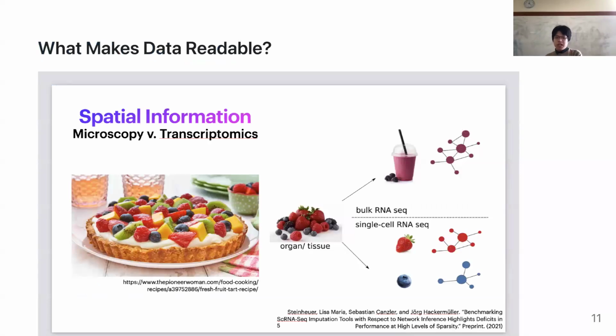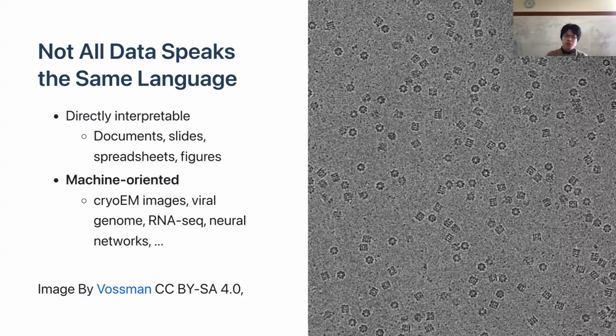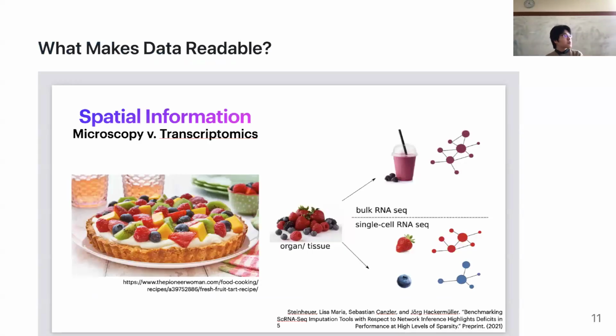So what makes data readable? We know we have two categories of data, right? If we look at a random slide or a document, what do we see? There are a title, subtitle, some footnotes, some images, and some label text.